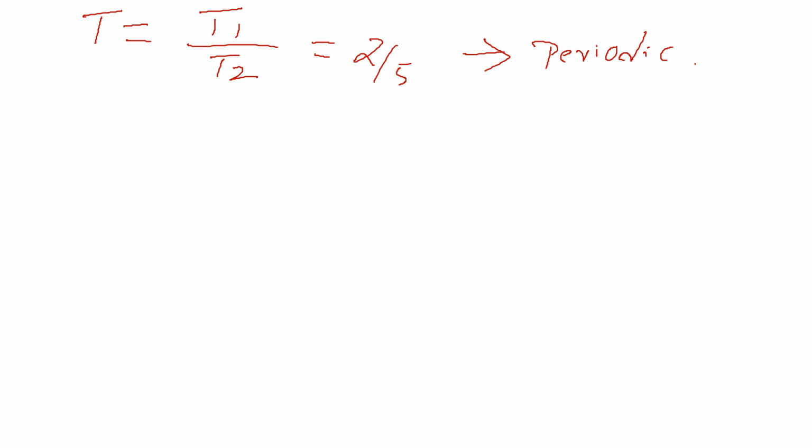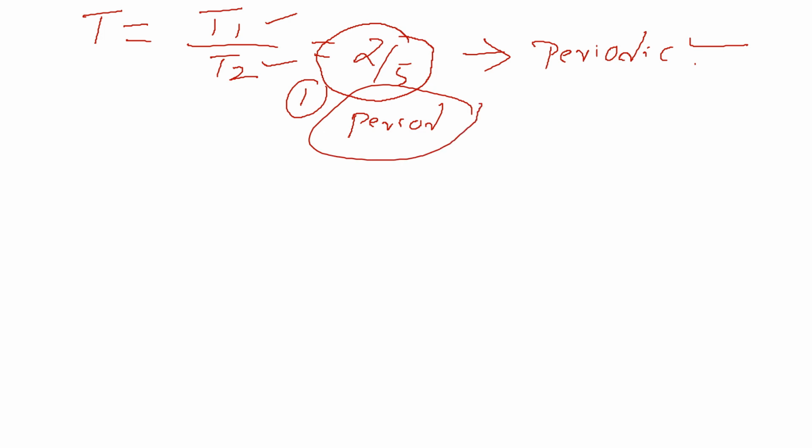And one more thing, what is the period of this particular signal? All we have done so far is check whether this particular signal is periodic or not, and we have ensured that it is a periodic signal. But once the two signals are combined into one, what is the period of the signal? That is an interesting question. So let us try to do that.